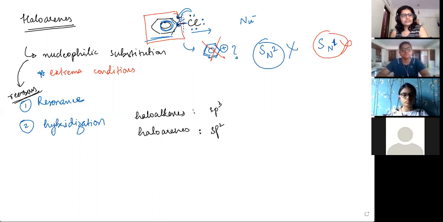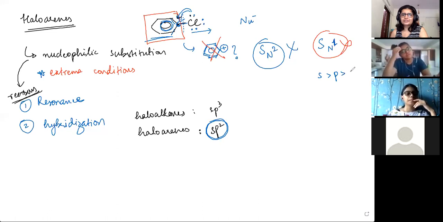The second reason is hybridization. In haloalkanes the hybridization is sp3, in haloarenes it is sp2. Which one has more s character? sp2.